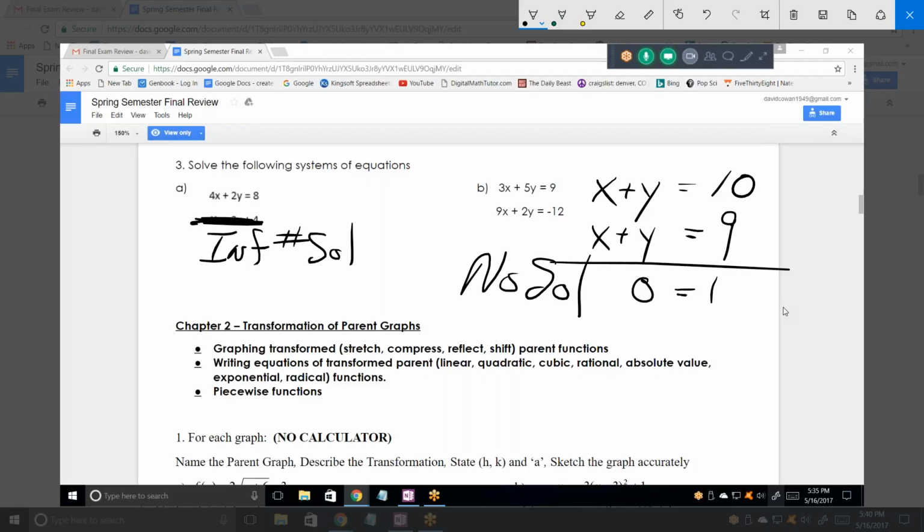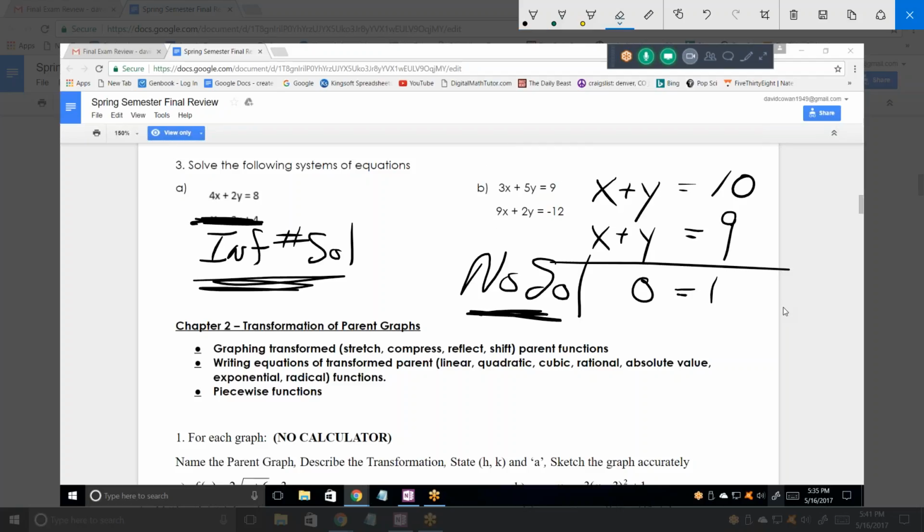There are three different ways these can end: with an infinite number of solutions, like A; with no solution, like my problem; and with a specific, unique solution, like B. They are all going to end in one of those three ways. Now, the reason this has no solution is because it's really impossible.